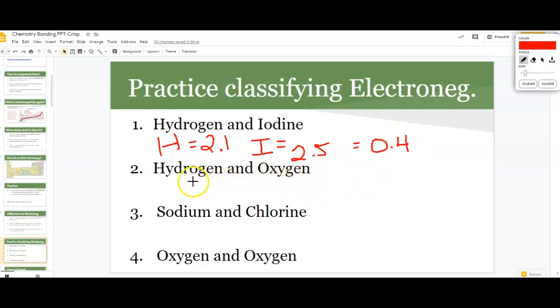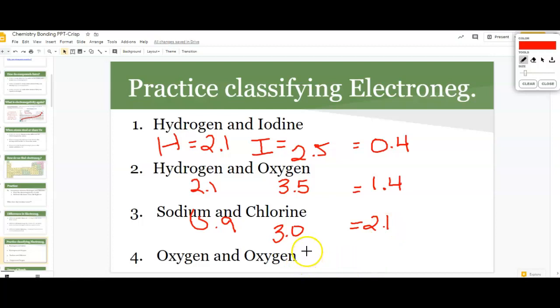Hydrogen and oxygen: hydrogen was 2.1, oxygen, if you look at the chart, is 3.5. So 3.5 minus 2.1 is 1.4. Sodium is 0.9, and chlorine is 3. So 3 minus 0.9 ends up being 2.1.